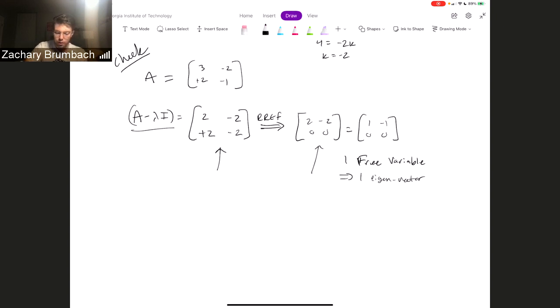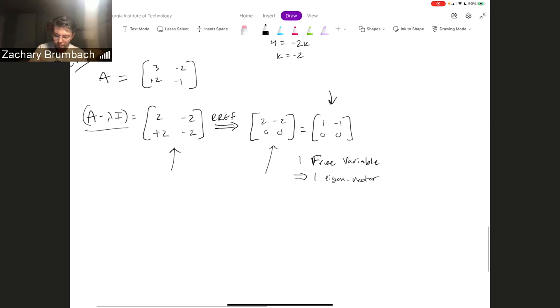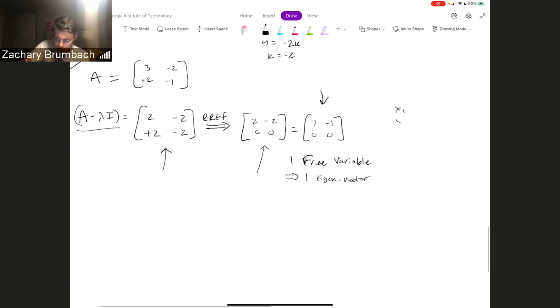It's not fully row reduced, but regardless, there's one free variable here, so the null space is going to have one vector. When you set it up in parametric form, I believe you'll get that, and that'll be your singular eigenvector.